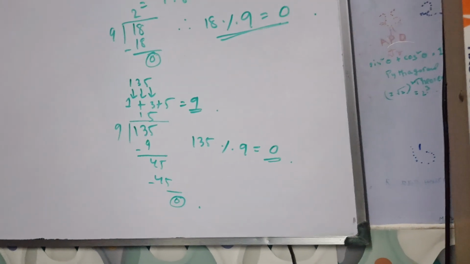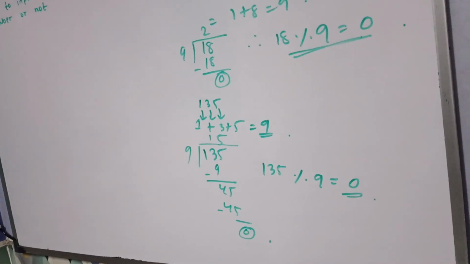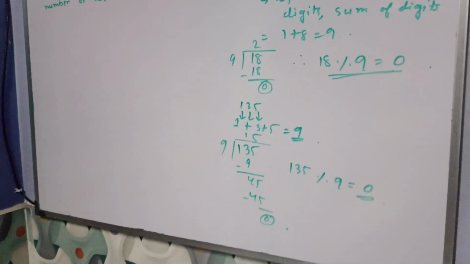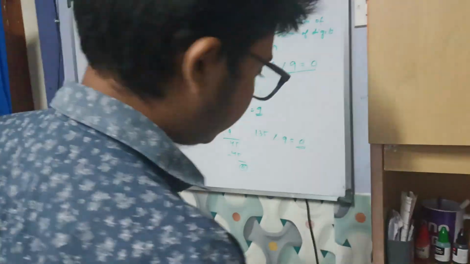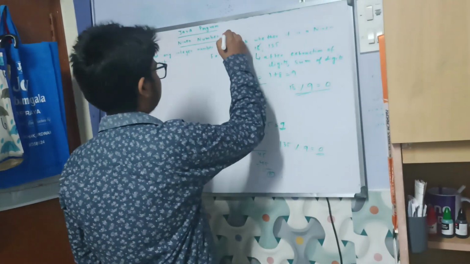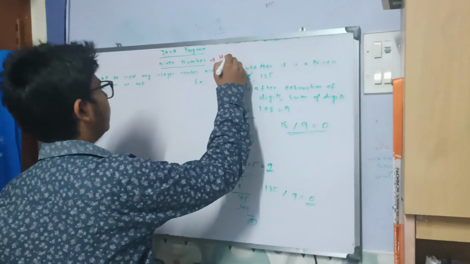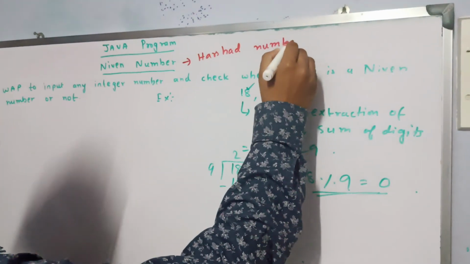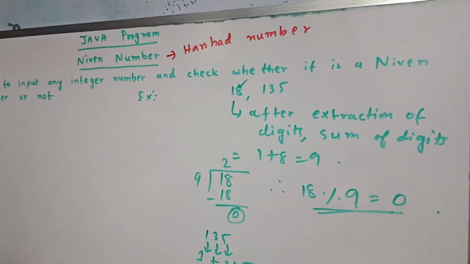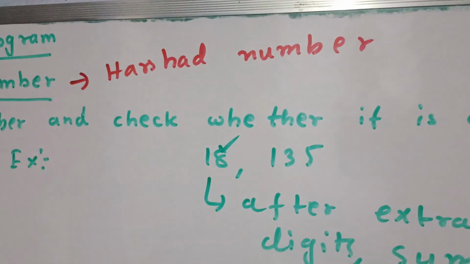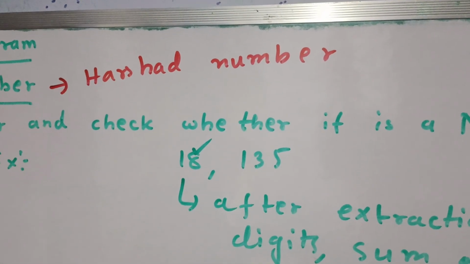So any number in which the number itself is divisible by the sum of its digits is called a Niven number. Note, a Niven number is also known as a Harshad number. Okay, so this was our dry run of the program. We just took the examples.